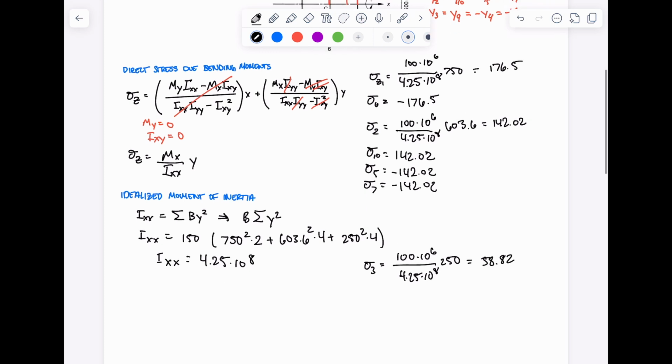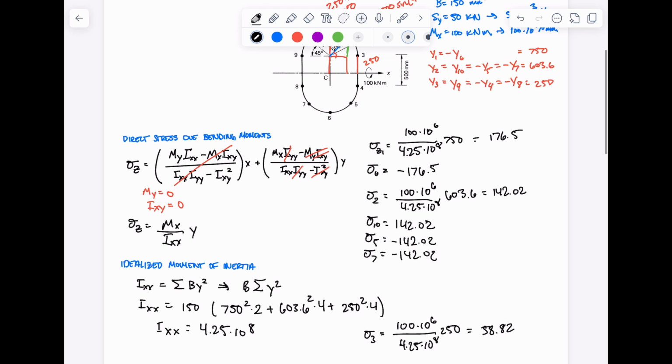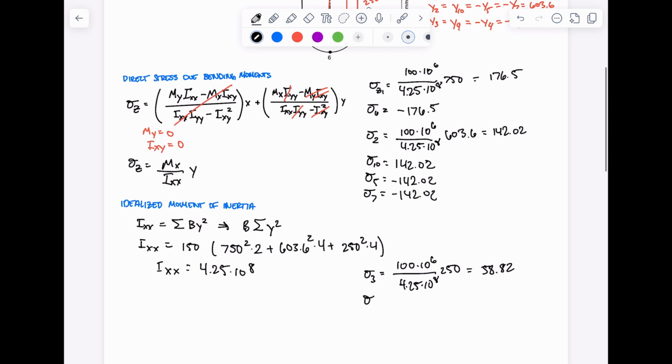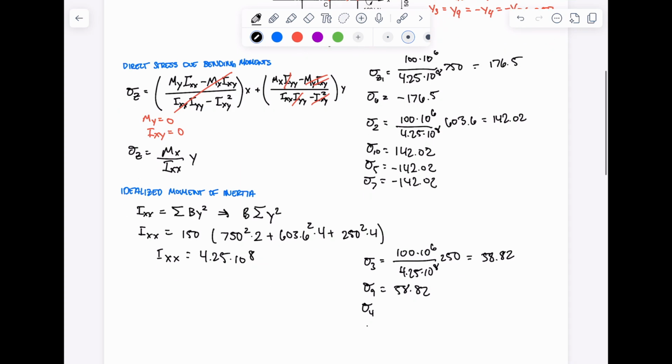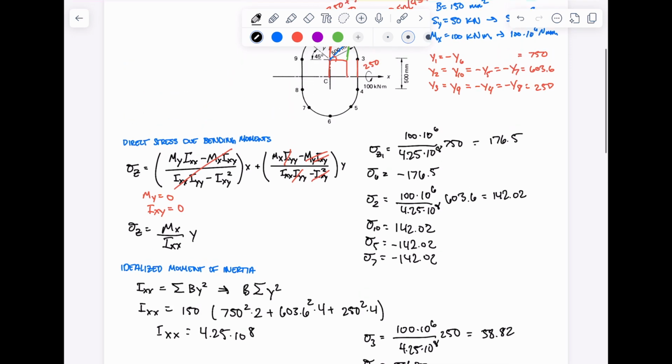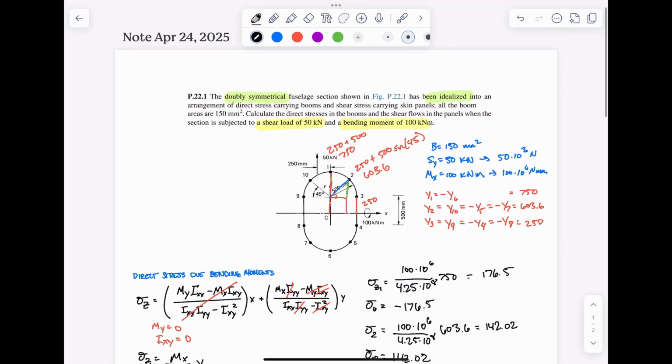Again, we know that it's the same as 9 and negative for 4 and 8. So direct stress of 9 is the same as this, 58.82. 4 and 8 are the same, negative 58.82. That is the direct stress for all the booms.